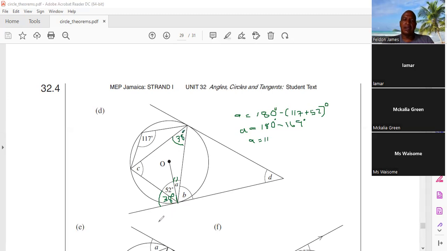Right. So we could determine this now because this triangle must add up to 180. So the 38 plus the 52 plus 11 plus C must give you 180. So C is equal to what?